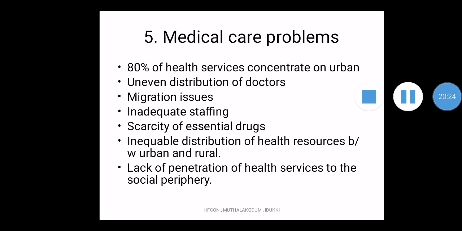Because there is more population there, and they will be able to get all these things. Then the next problem is a lack of penetration of various health services to the social periphery. Towards the periphery area, we have very little penetration of health services. Most health services are concentrated in urban areas where the density of population is much higher.